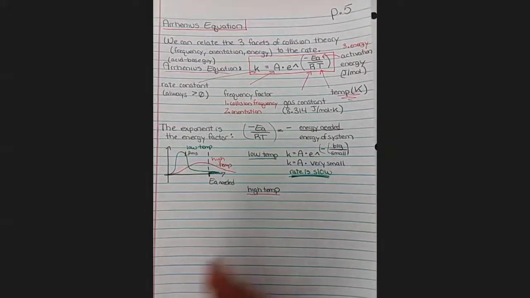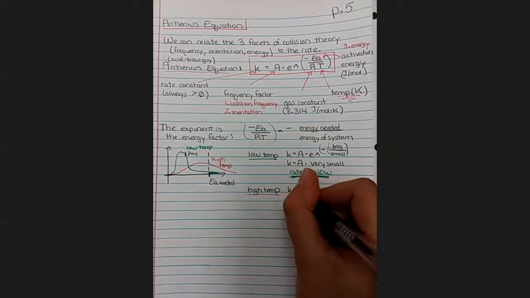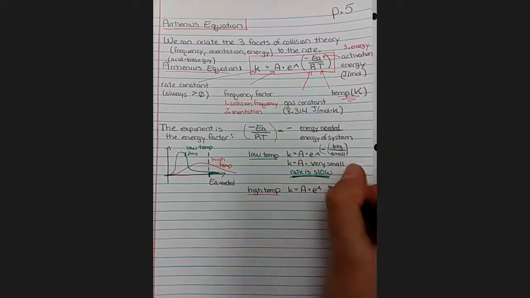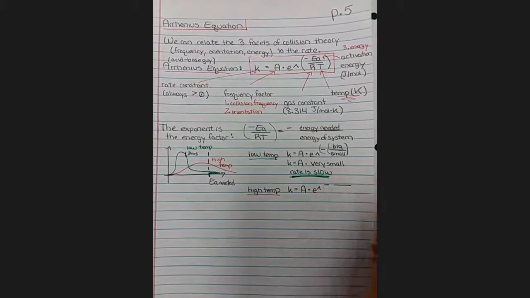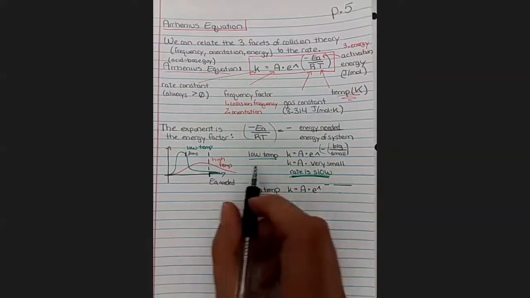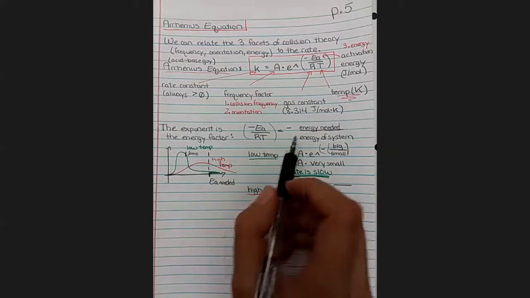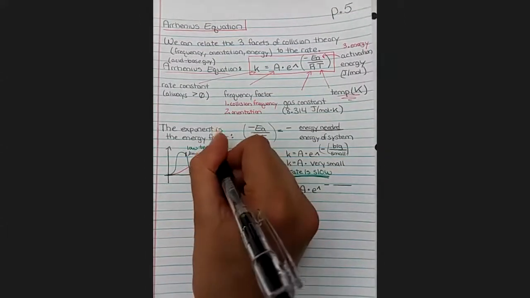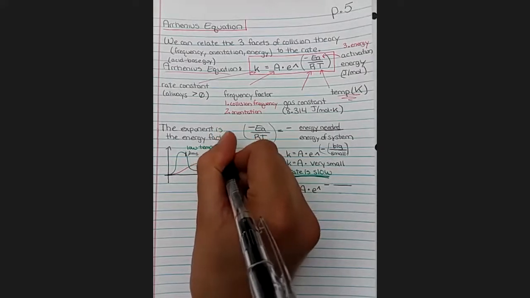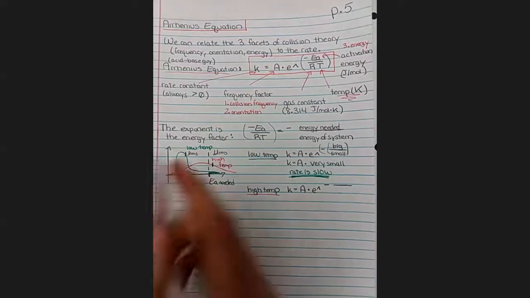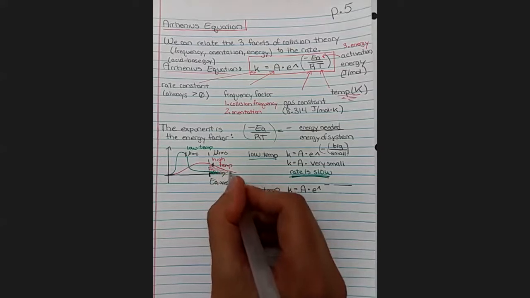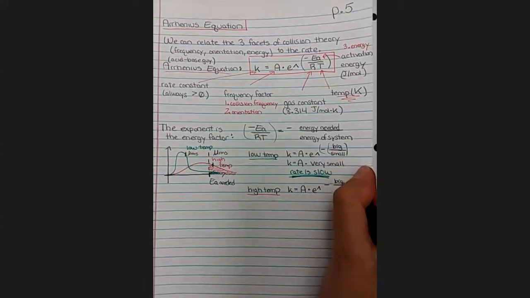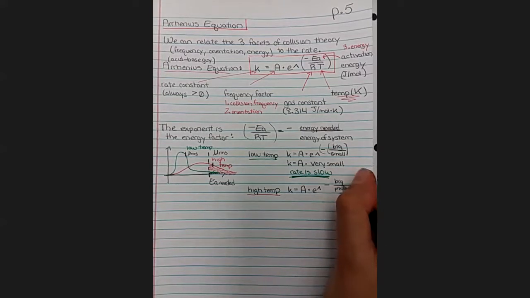So for our high temperature situation, our Arrhenius equation looks like K equals A times e to a fraction where the denominator is closer to the size of the top. So more of the molecules, here's our root mean square speed, at least half of the molecules have enough energy. So we can say this is like a big number over pretty big.